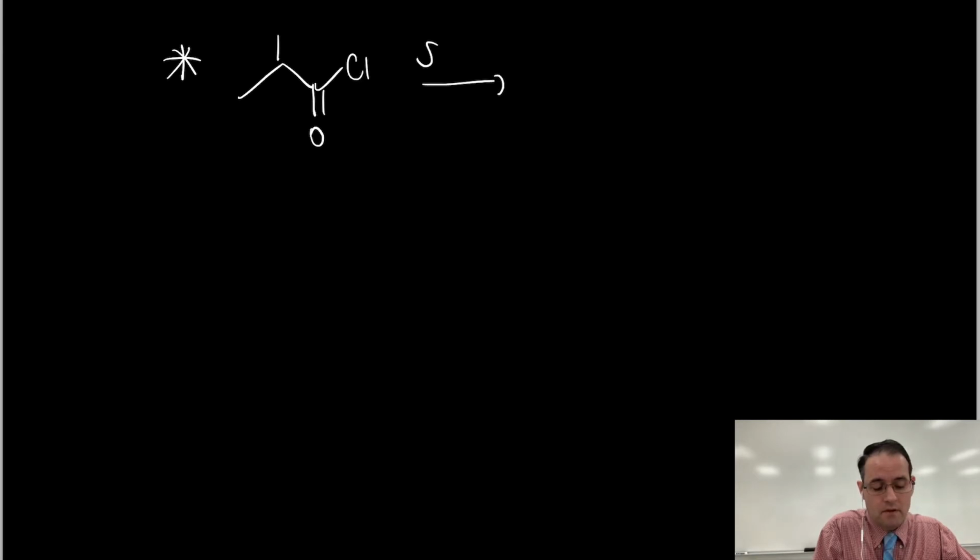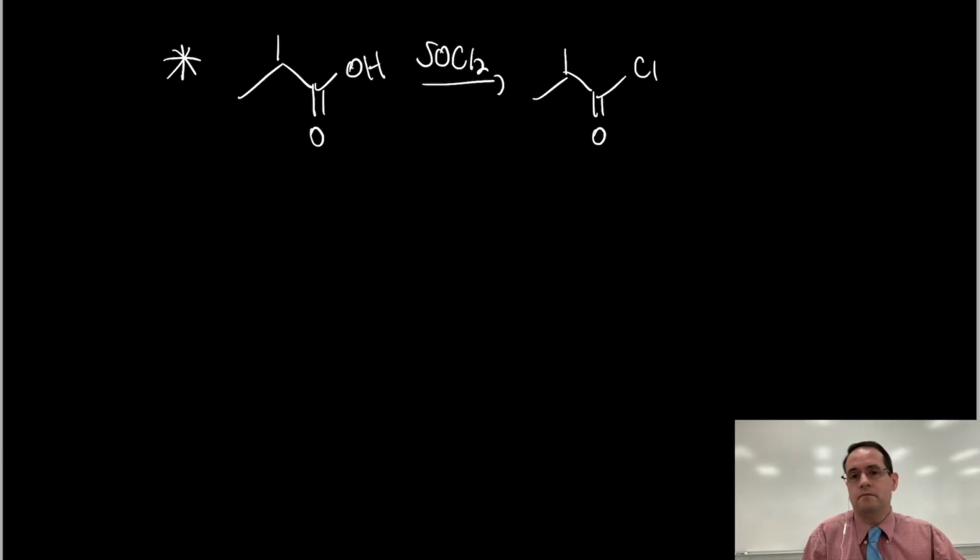The main key point here is that you can grab any old carboxylic acid you want. You can treat this with thionyl chloride. And you form your acid chloride, okay?